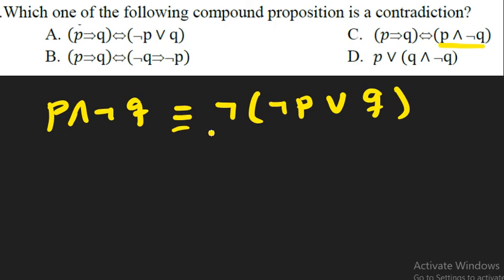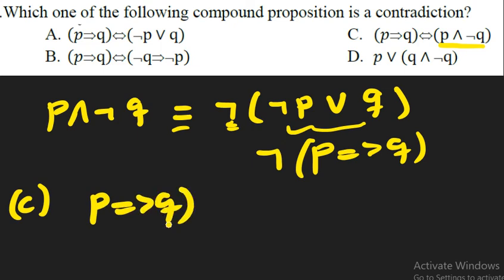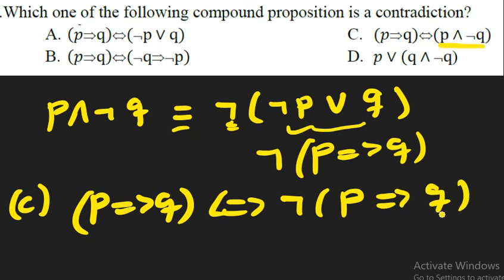And what does this mean? As I said before, this means P implies Q, but the negation still remains outside there. Now, what is the statement given to you, the compound proposition? P implies Q biimplies the negation of P implies Q. That means this one and this one are not the same, unlike A. To be a tautology, it has to be the same, but this is the opposite.